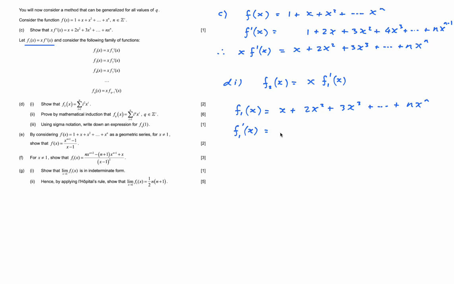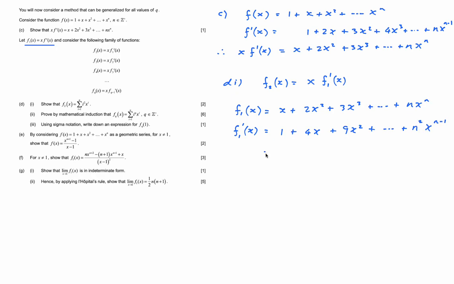Anyway, the derivative of this is 1 plus 4x plus 9x squared plus all the way to n squared x to the n minus 1, because we multiply by n squared, and subtract 1 from the power.